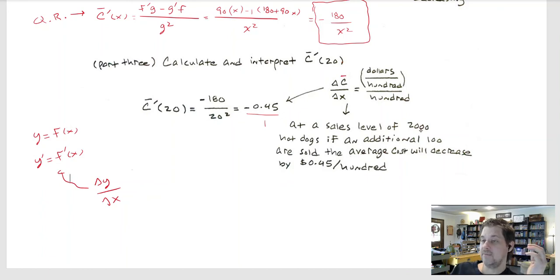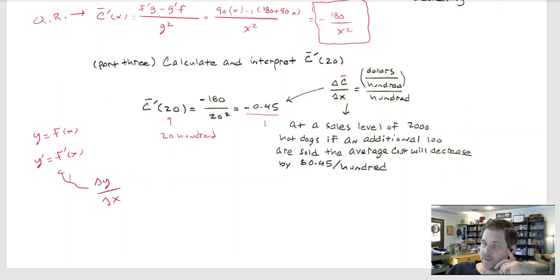All right, then we can get our interpretation from that. At a sales level of 2,000, why 2,000? Because this is 20, and 20 times 100 is 2,000. At a sales level of 2,000 hot dogs, if an additional, what's 1 mean in terms of x? 100. If an additional 100 hot dogs are sold, the average cost will decrease by 45 cents per 100.